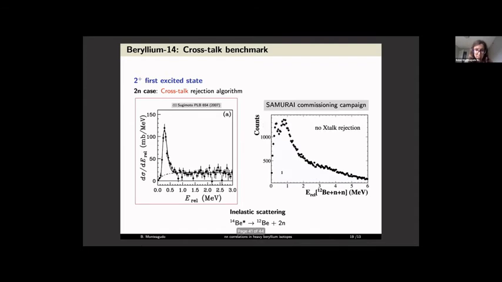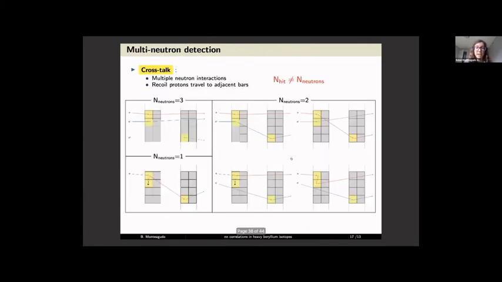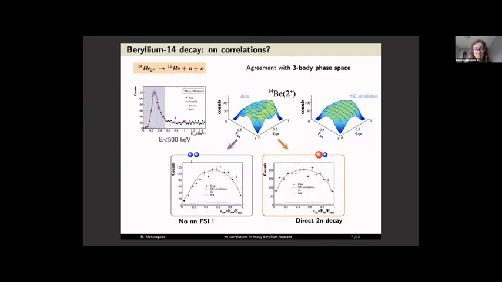I don't know if I have an efficiency curve here. So yes, you can see this is the two neutron efficiency without the crosstalk filter here, and the blue one is with the crosstalk filter. And you can see that this is more pronounced for the low energy region, which is the case for beryllium 14. So the fact that we see this cut at low energies for beryllium 14 could come from the crosstalk rejection.